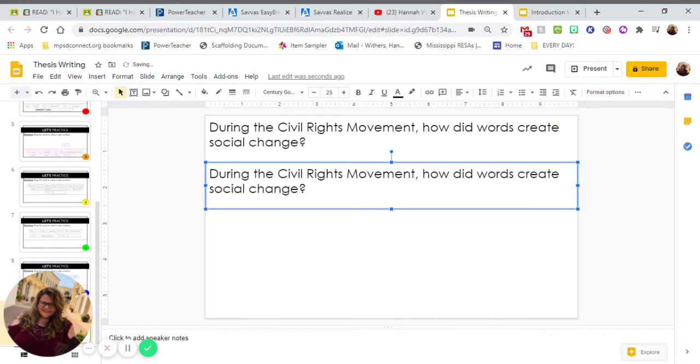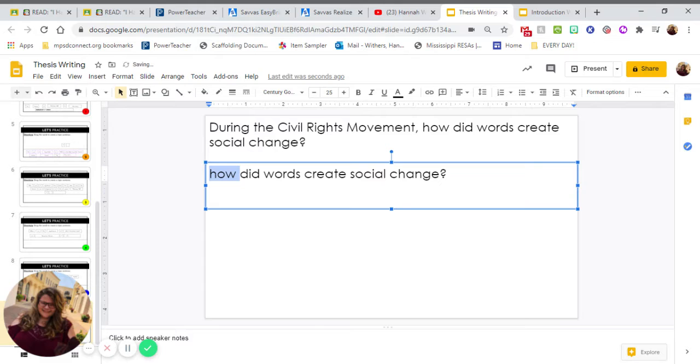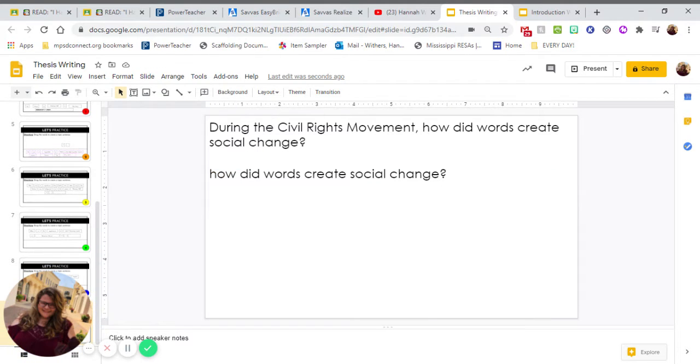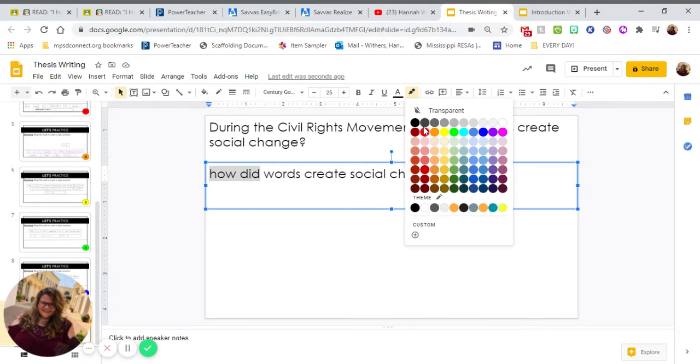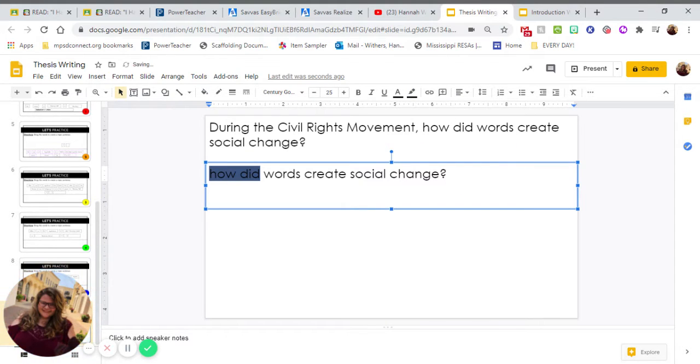All right, so during the civil rights movement, how did words create social change? Now, y'all know how to do this. We are taking away these question words. Words created social change by, right? This is very simple. Words created social change.